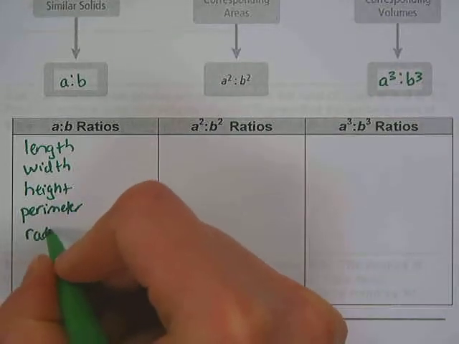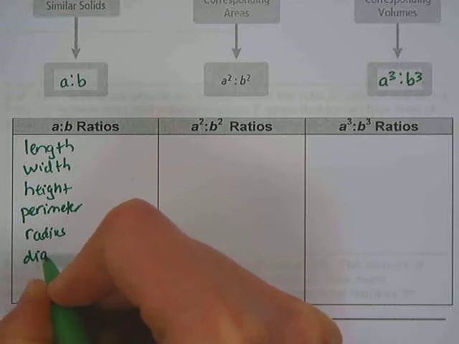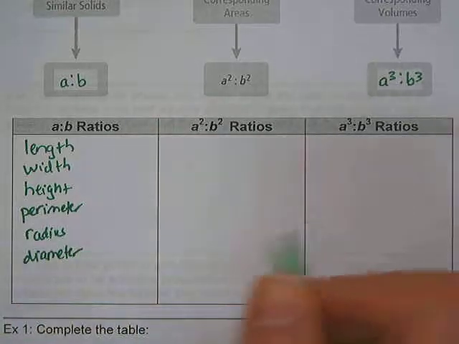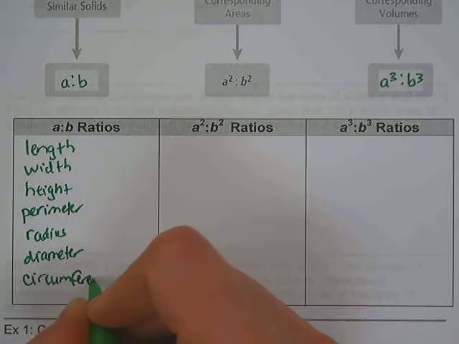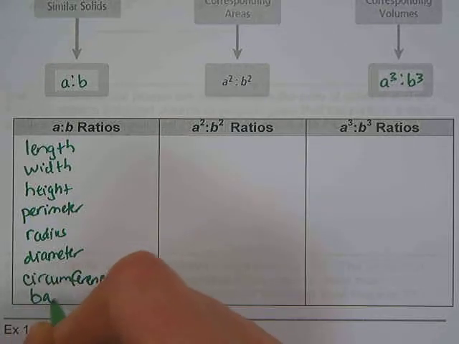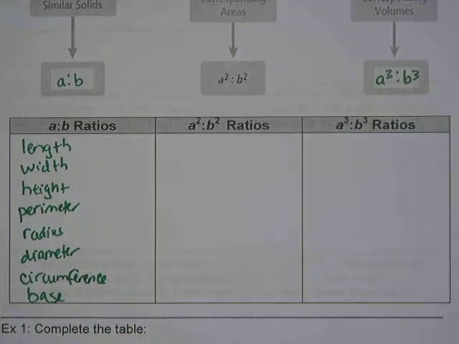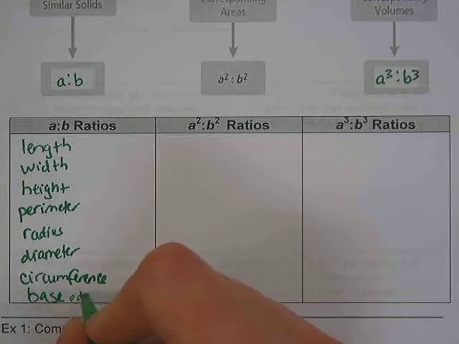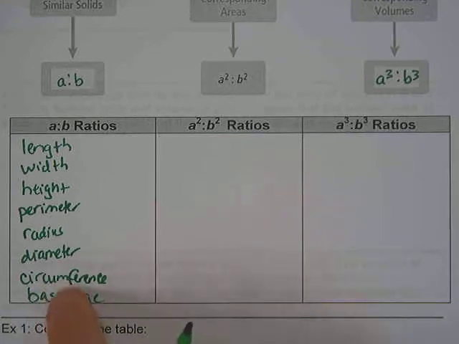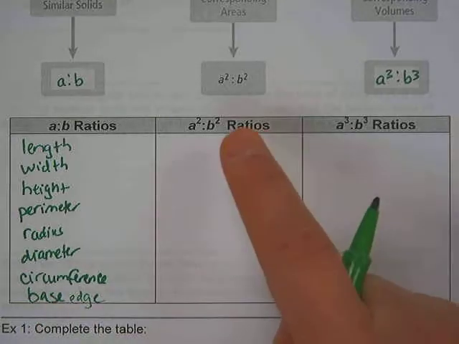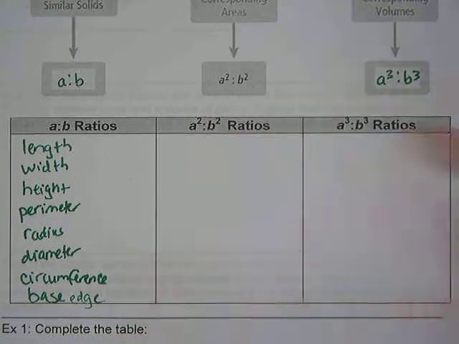We can also be talking about things like a radius or a diameter, circumference. I can be talking about a base. I'm going to say base edge just to make sure it's distinct. And I have a feeling I might be able to add to this list tomorrow, so make sure that you leave room because I might be adding more words tomorrow.